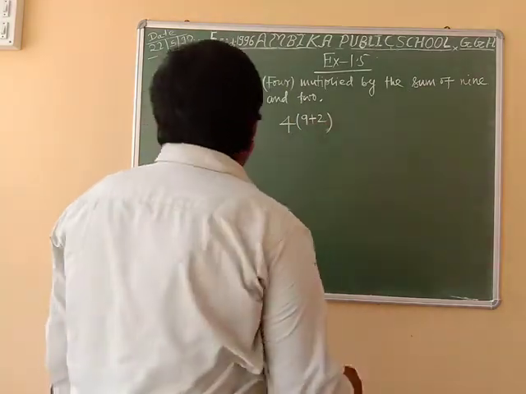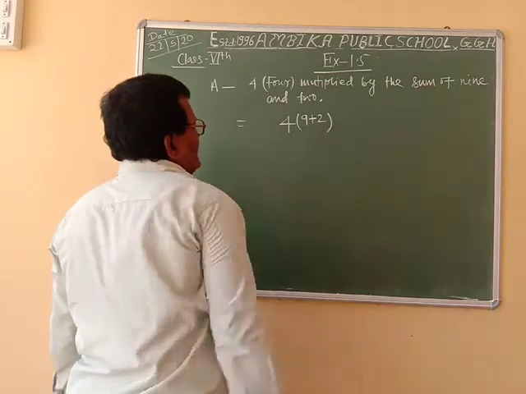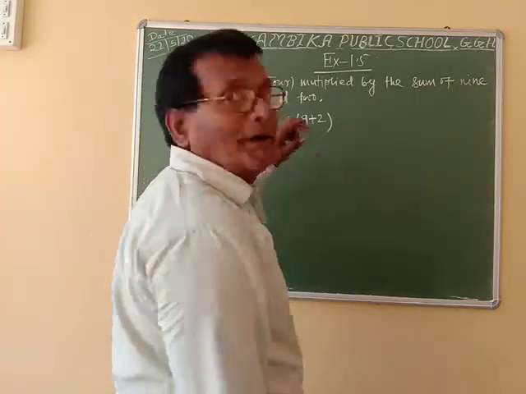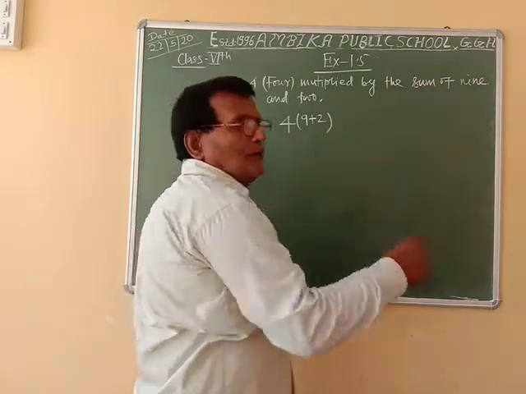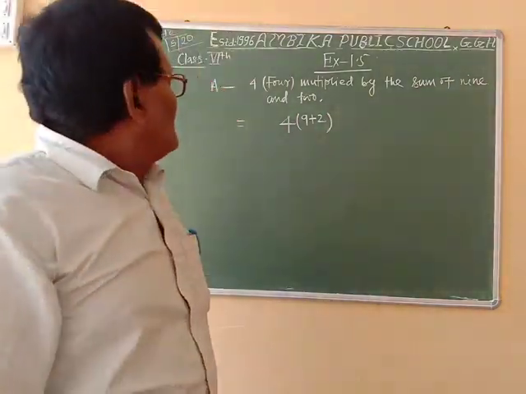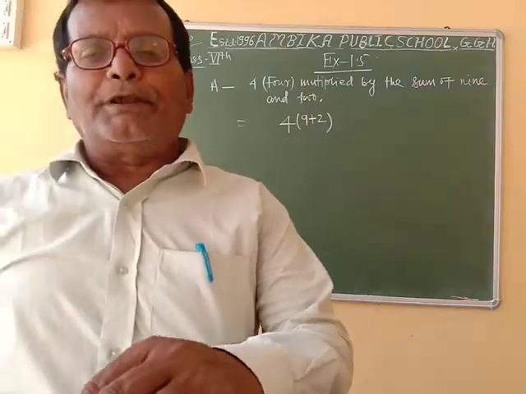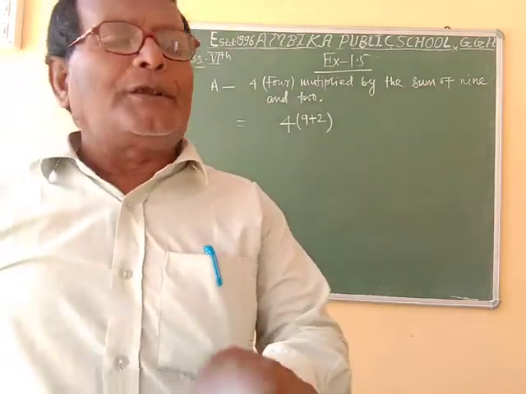This statement states that 4 multiplied by the sum of 9 and 2, we can write 4 into 9 plus 2.